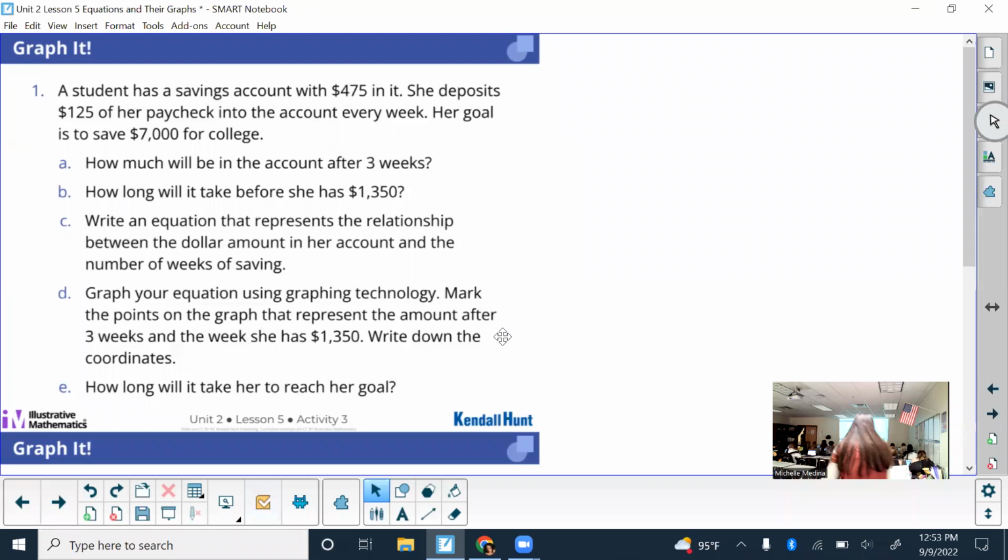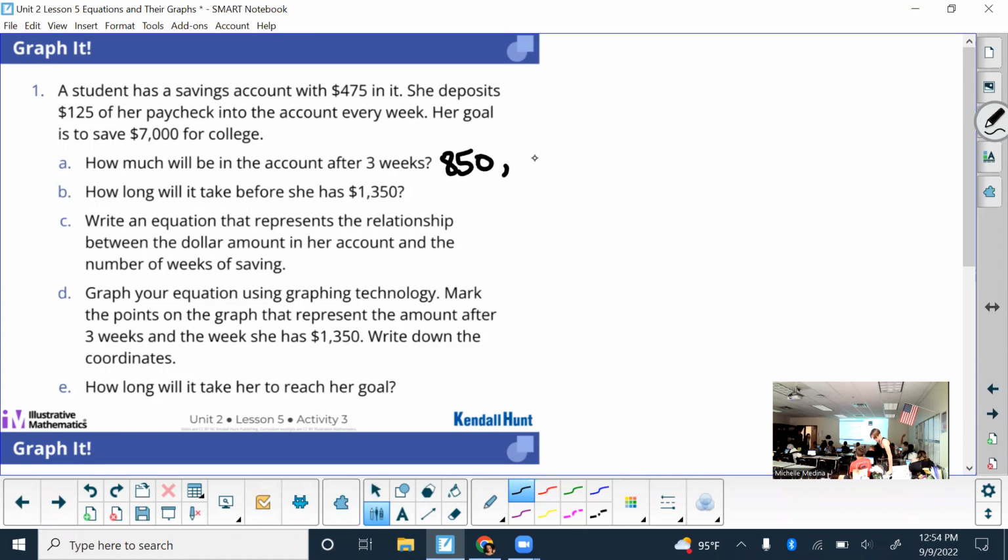So for part A, how much will be in the account after 3 weeks? Jorge? 850, and you'll get something different. John? Did you get something different than 850? Nope. Okay. So then what about for part B? How long will it take before she has 1350? 7 weeks.